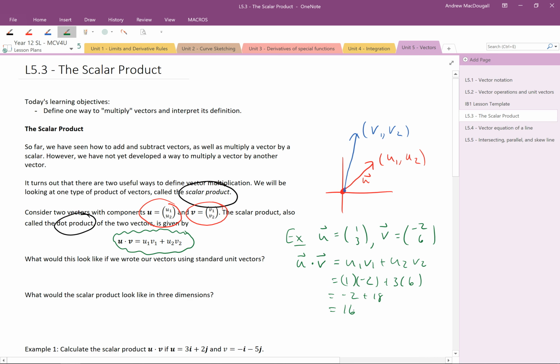So this strange way of multiplying vectors, the dot product, would give 16. And we're going to look at what this means geometrically in a moment. But for now, let's just get used to this algebraic definition.